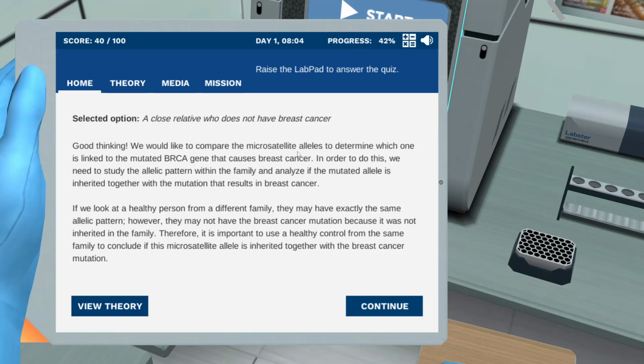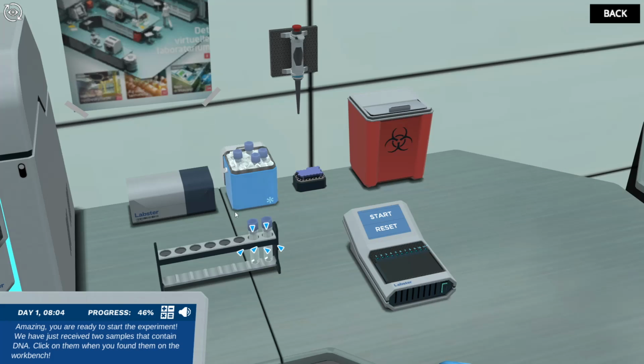We would like to compare the microsatellite alleles to determine which one is linked to the mutated BRCA gene that causes breast cancer. In order to do this, we need to study the allelic pattern within the family and analyze if the mutated allele is inherited together with the disease. Amazing, you are ready to start the experiment.